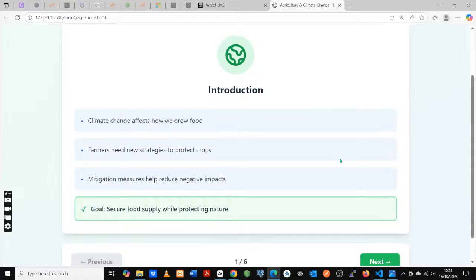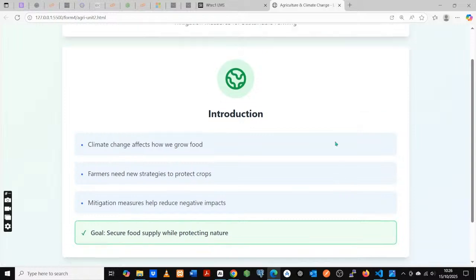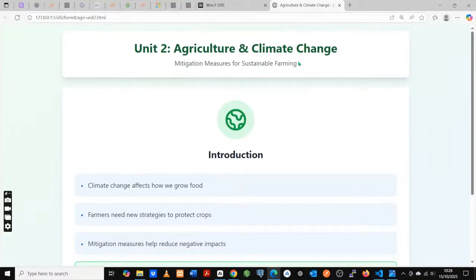Farmers need new strategies to protect crops because of climate change. So, mitigation measures help reduce negative effects. And the main goal is to secure food supply while protecting the environment. So, in this topic, we will focus on mitigation measures. Mitigation. How can we deal with climate change?